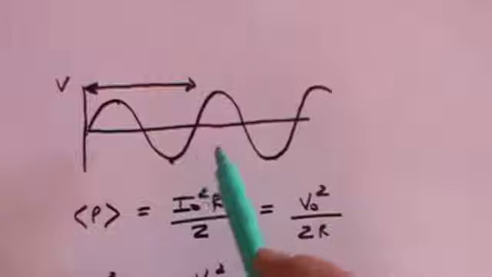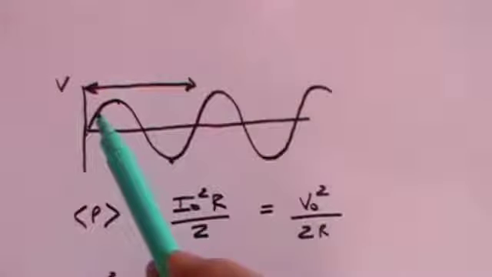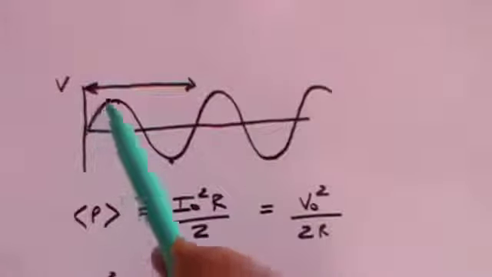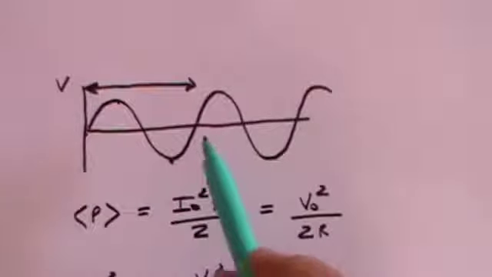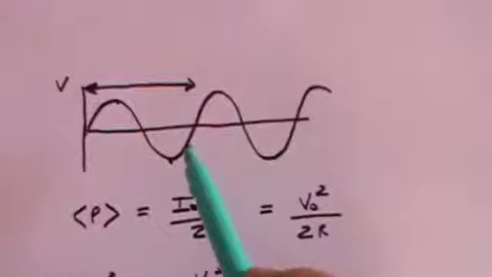What we mean when we talk about the average voltage is that, of course, the voltage coming out of the wall is always giving you some power, and that power is the equivalent of this voltage. We derived it from the power term. So it's the voltage that effectively gives you that power.